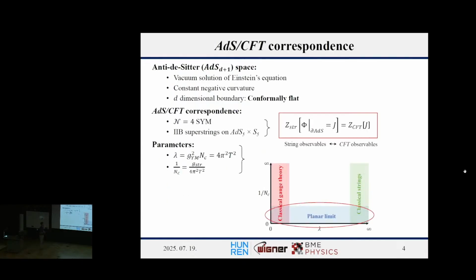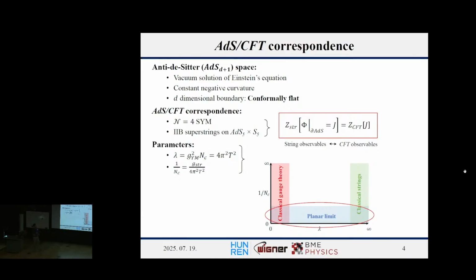So let's go. First, as I mentioned, the AdS/CFT correspondence. The AdS/CFT correspondence connects quantum field theory on a flat background with one on a geometrical background.